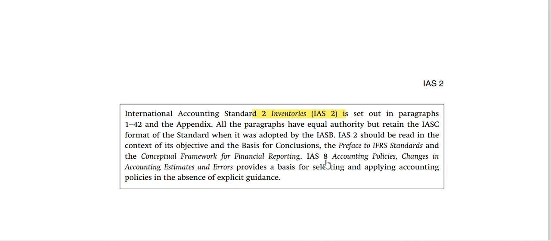It is telling us the link between International Accounting Standard 2 and International Accounting Standard 8. So if errors came about in the recognition of inventory, you will therefore need to apply the other standard, called International Accounting Standard 8, Accounting Policies, Changes in Accounting Estimates and Errors.